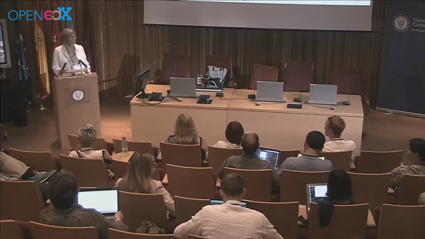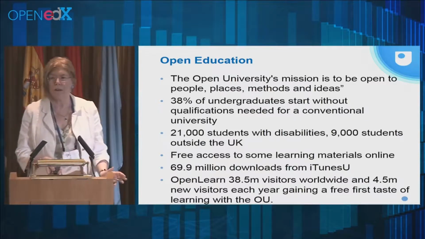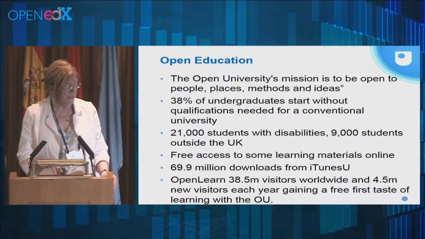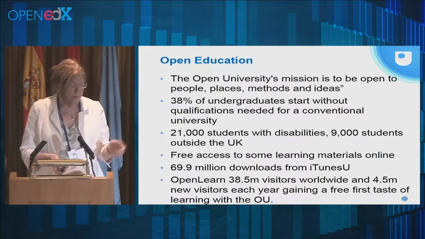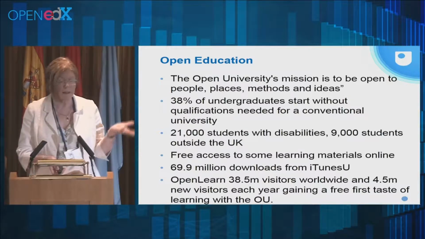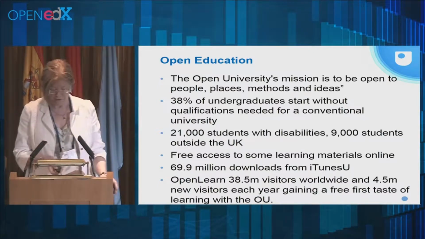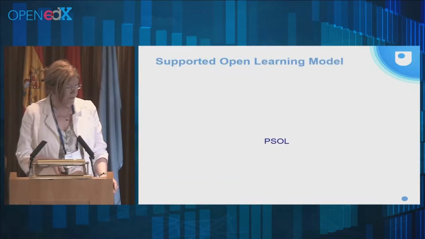The impetus from the Hewlett Foundation was that they wanted us to make good quality learning resources available for learners who wouldn't otherwise have access. And from that point, we've developed an OpenLearn website. The numbers are quite staggering. If you want to hear more about that, Hannah's your lady for telling you how that developed.